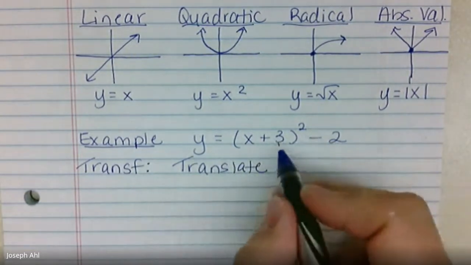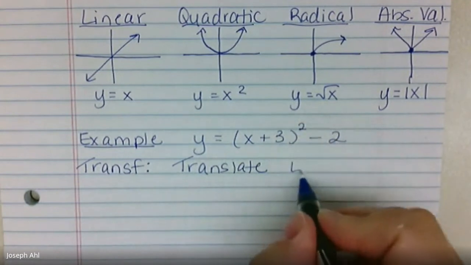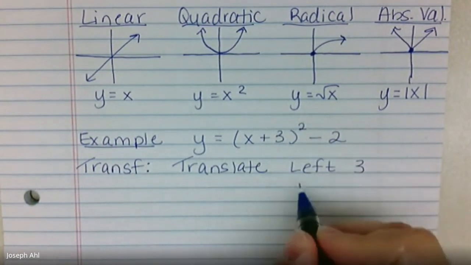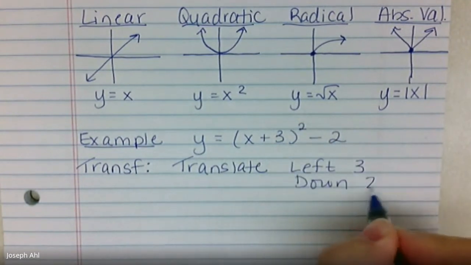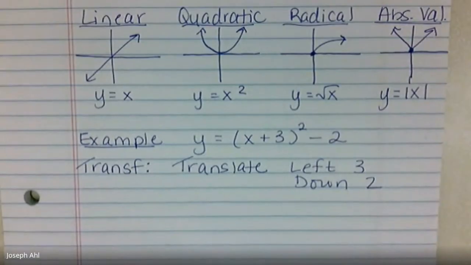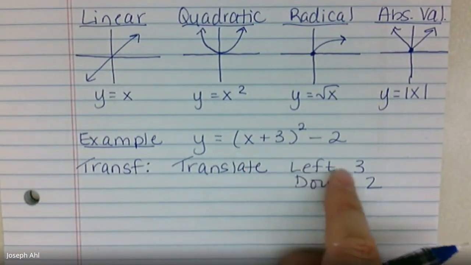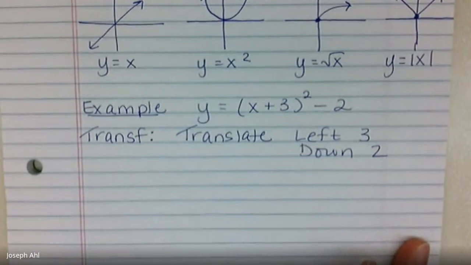Whatever's happening on the inside is the horizontal shift, so we're going to translate to the left 3. And then the outside keeps its sign as we move down 2. The inside is the opposite of what we probably would think should happen. This is going to actually move to the left 3 and then down 2.